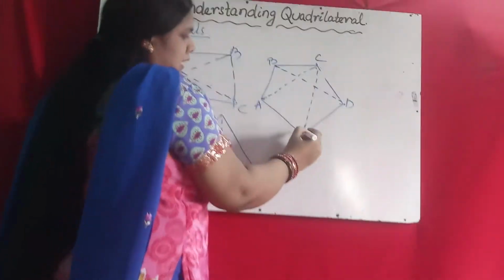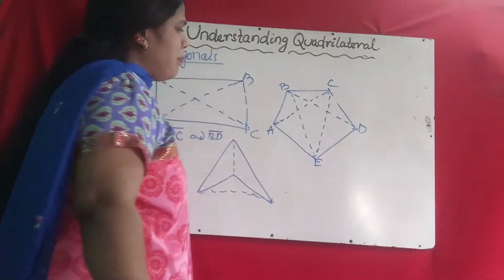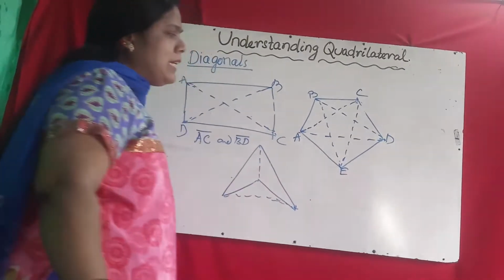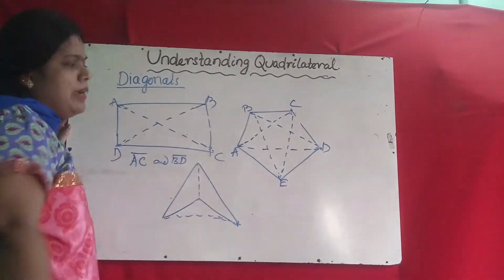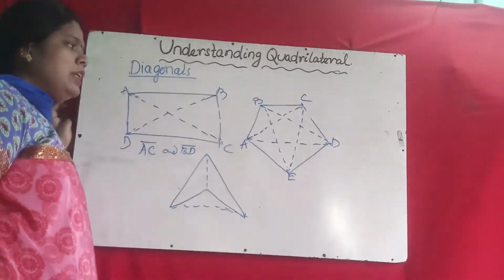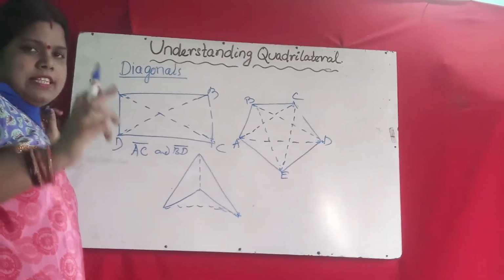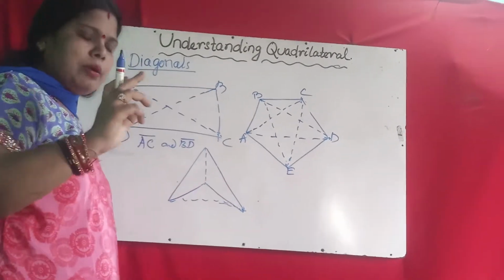Then E to B. Then A to D. It becomes a star inside the pentagon. So diagonals are line segments joining the non-consecutive vertices of a polygon.